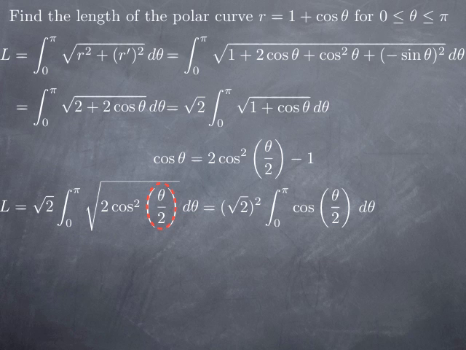Square root of 2 squared is of course 2, and now an antiderivative of cosine of theta over 2 is sine of theta over 2 divided by 1/2, in other words multiplied by 2. So we obtain 2 times 2 multiplied by sine of theta over 2 evaluated between 0 and pi. So we get 4 multiplied by sine of pi over 2, which is 1, minus sine of 0, which is 0, so we obtain just 4.